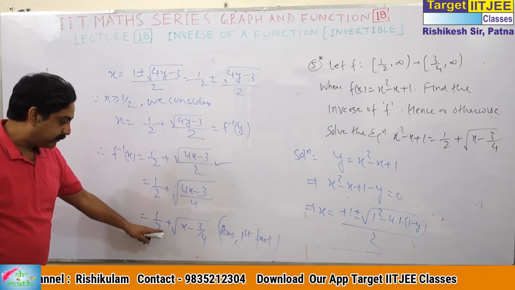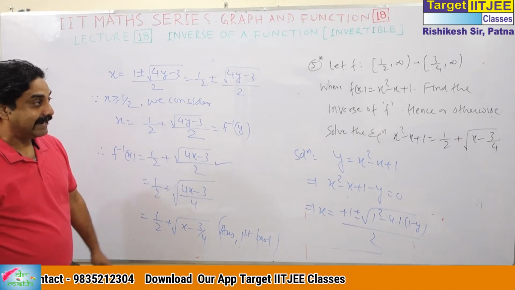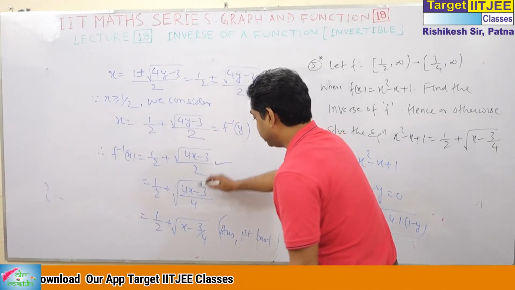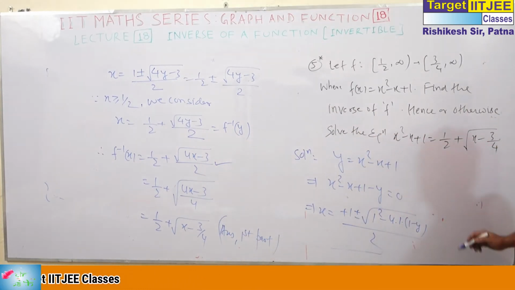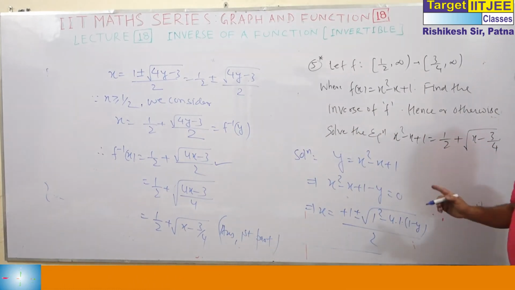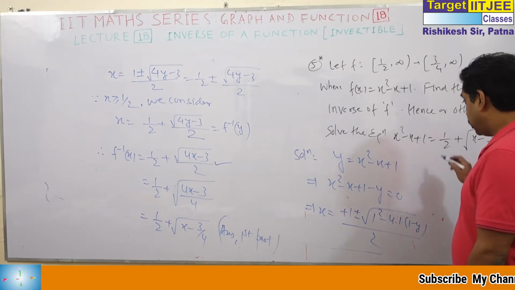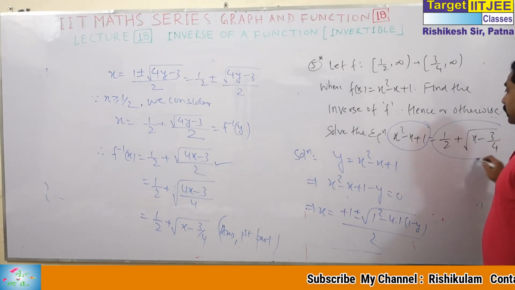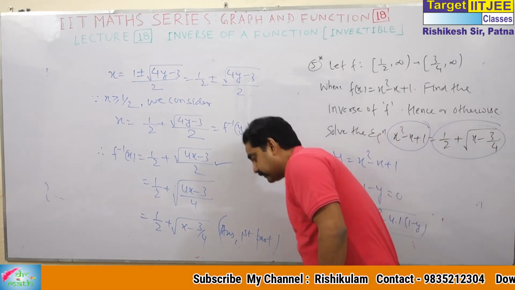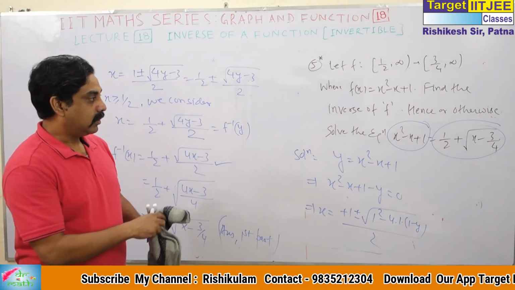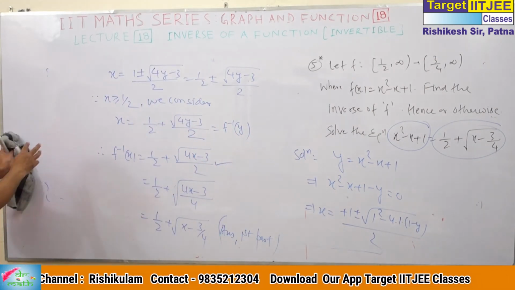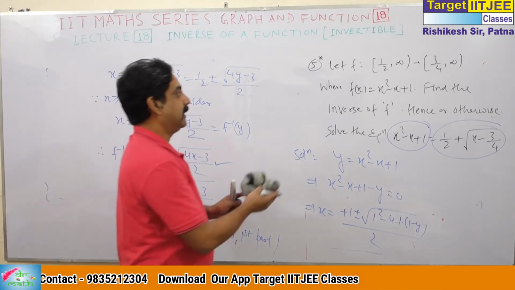But why did I come here? See the second part. This and this are equivalent. In the second part, this is the main point of this geometrical property. This is f(x) and this is f inverse x. If you want to write, pause and write. I am coming to the second part.